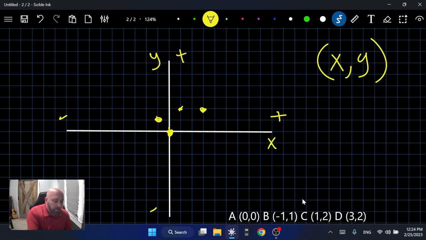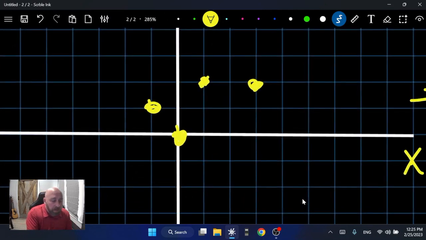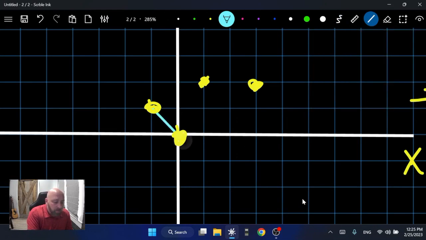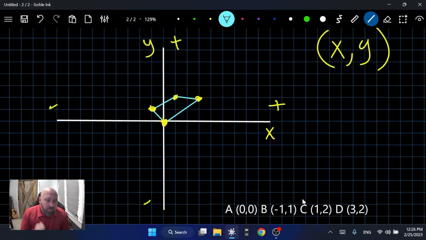Now, this might look like nothing to you right now, but let's zoom this in and put our lines on here. I'll connect the dots for us. We're going to go from here to here to here to here. Now we have a polygon. This shape that it created, this polygon, is called our pre-image. Let me label this up.